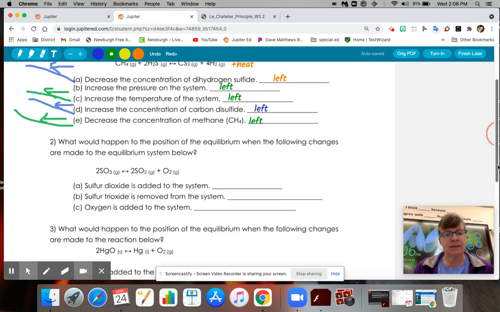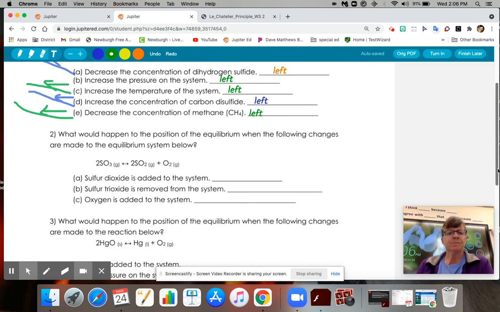Okay, so let's continue. Sulfur dioxide is added to the system. First, where is it? What side is it on? SO2, sulfur dioxide. You need to know the names of things. We did learn names. And we're adding it. That means that this right side is going to get pushed down.